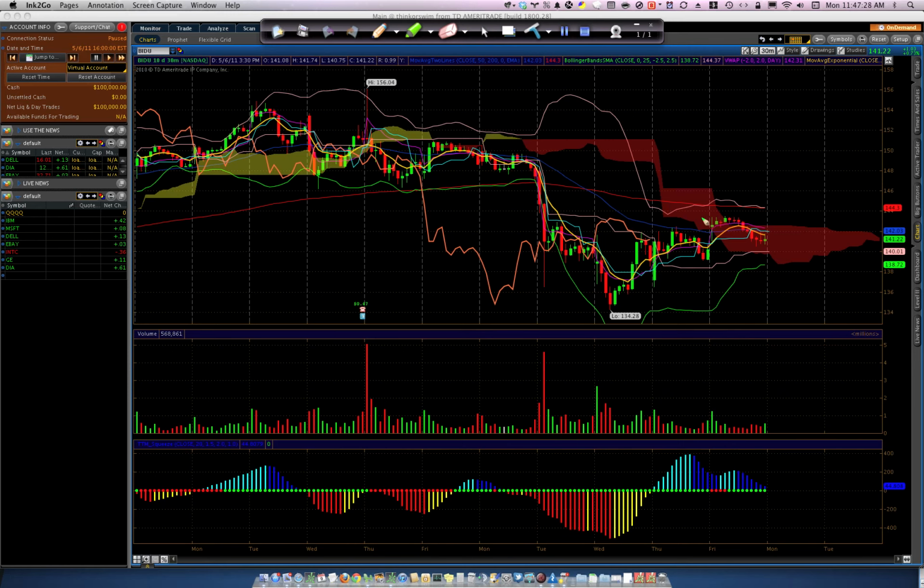We actually topped out on the 30-minute cloud, and we saw some resistance and we went down. So there's an example of how you can use the Ichimoku cloud, which is a forward predictor giving you an idea of where the price can get support and resistance for the next 26 periods of whatever chart you're looking at.